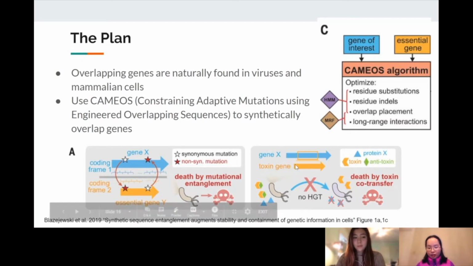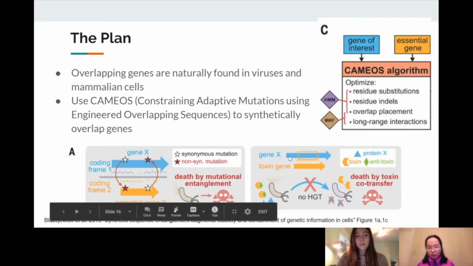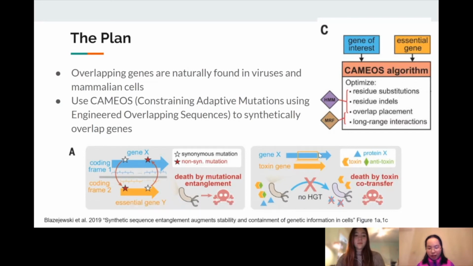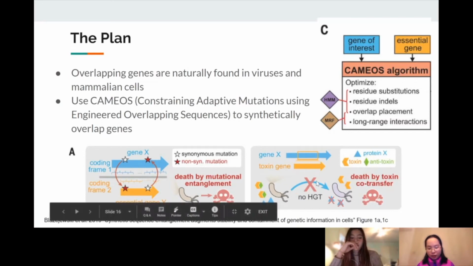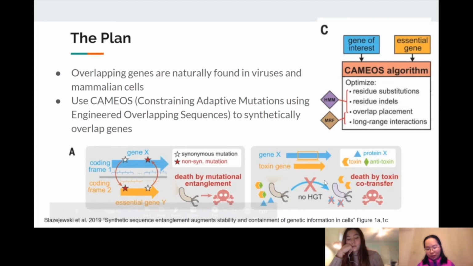So when you overlay the toxin gene with your target gene, let's say there's horizontal gene transfer. Horizontal gene transfer is the process of having a particular DNA molecule go from one cell to another cell.